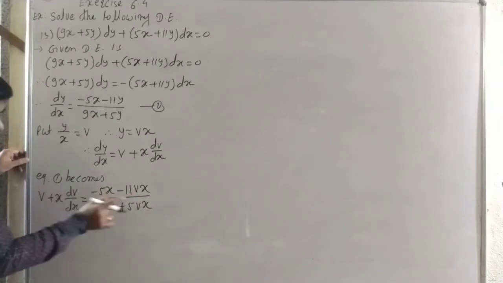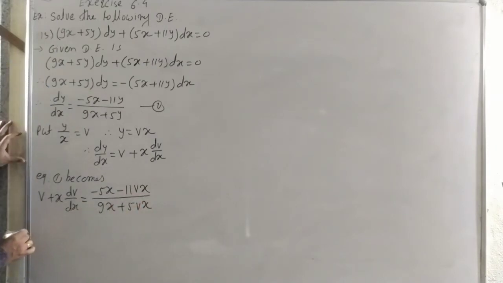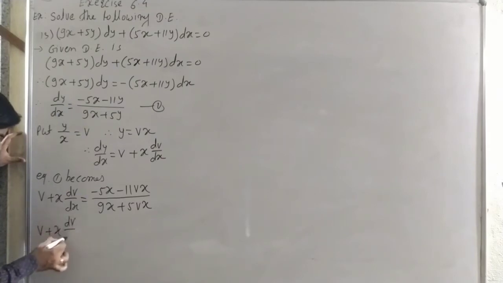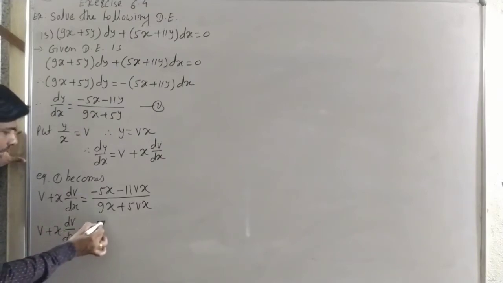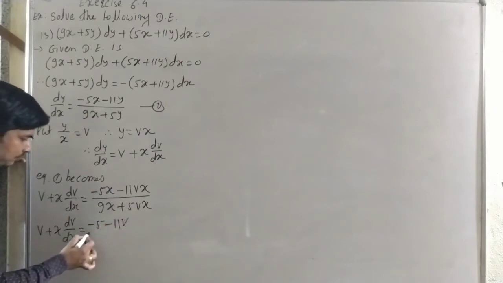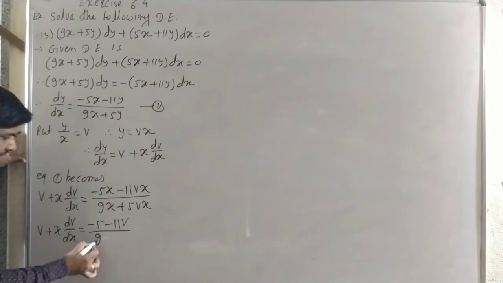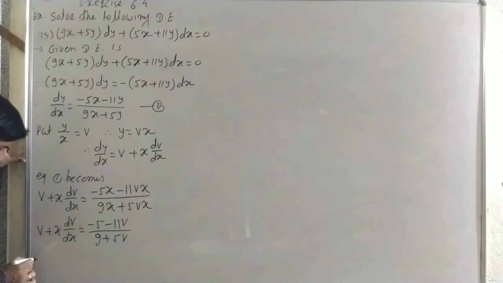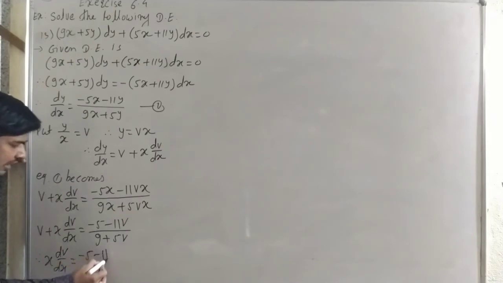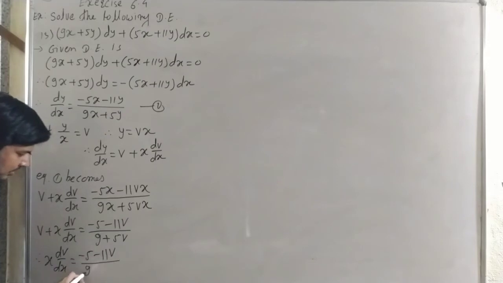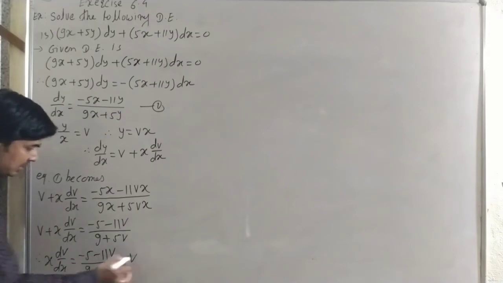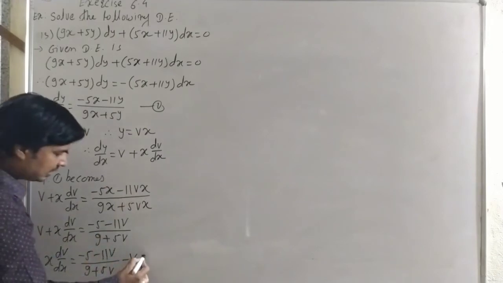Now take x common and cancel, then we get v plus x dv by dx is equal to minus (5 + 11v) upon (9 + 5v), x gets cancelled, and therefore x dv by dx is equal to minus (5 + 11v) upon (9 + 5v) minus v. This v will be minus, and then take the calculation.